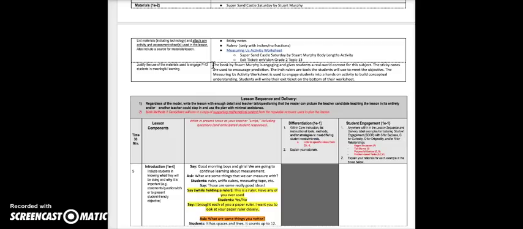And a big one for materials is that concrete to pictorial to abstract, or the CPA progression. So I want you to be thinking about that as you justify the materials that are used up above.